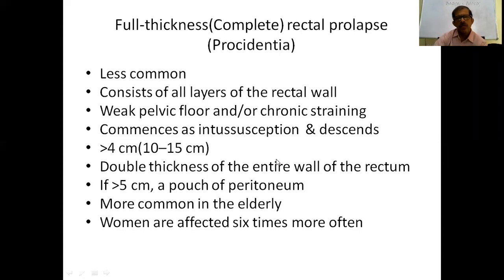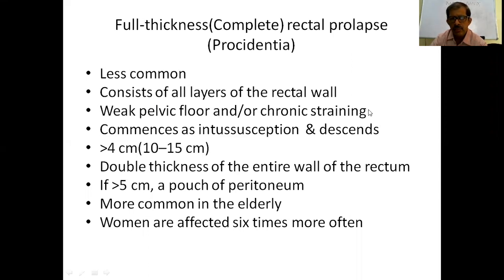Okay. Now let us go to full thickness or complete rectal prolapse, also called procidentia. It is less common, mainly seen in women. That is, women are affected 6 times more often, mainly because of weak pelvic floor, because of deliveries. Nowadays, with decreasing multiparity, this is also less common.